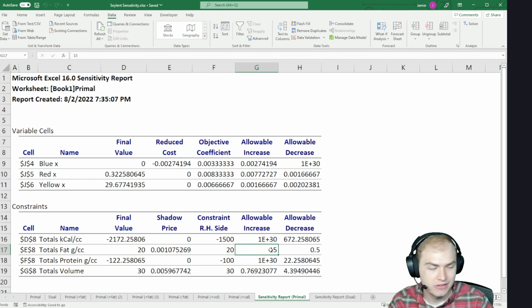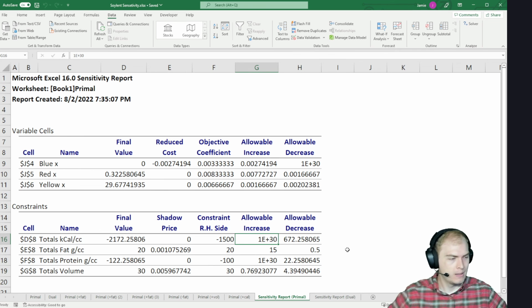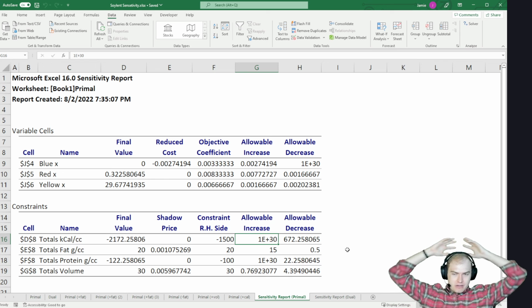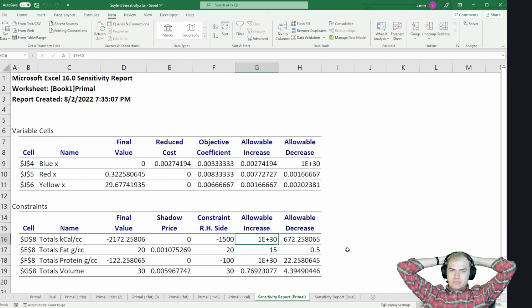And this again comes from the slack variables, depending on the direction of the inequality. This 1 plus e to the 30 is machine precision. That's the biggest number that Excel is able to comprehend, so that's effectively infinity. So that's what all of these things mean.